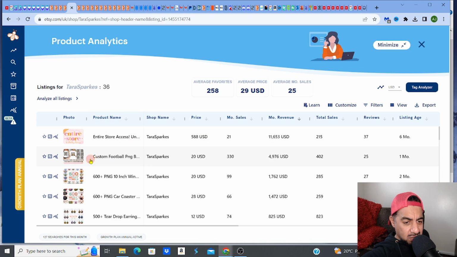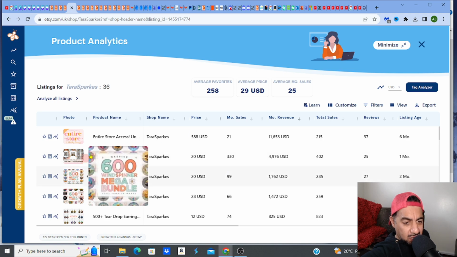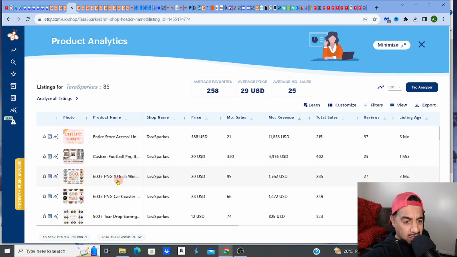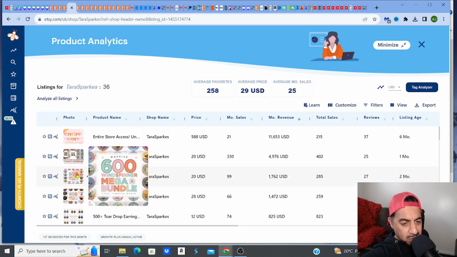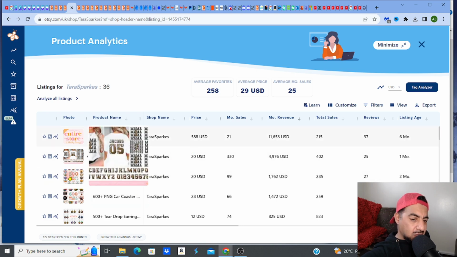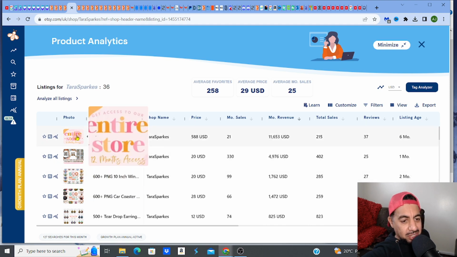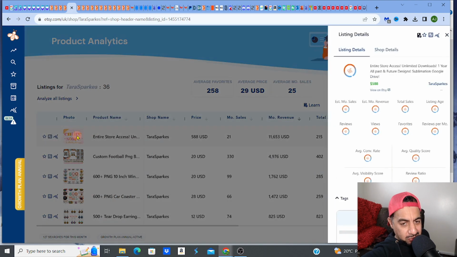The next one is a custom PNG, 4,976. This is selling quite well. And the next one is a wind spinner collection, sorry, mega bundle, also going for 1,762. My point is this. Let me show you my point. Let me just go to this one very quickly.